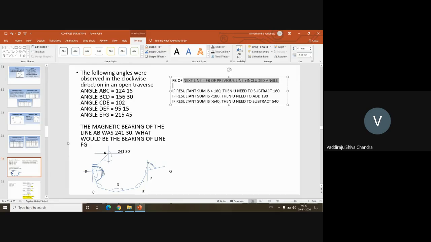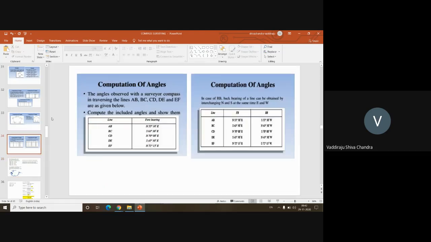If suppose this is the back bearing portion I want, as per my earlier equation, forebearing is equal to back bearing plus or minus 180, or the difference between forebearing and back bearing is 180, right? The thumb rule which we saw in the last class. The same concept is applied here.